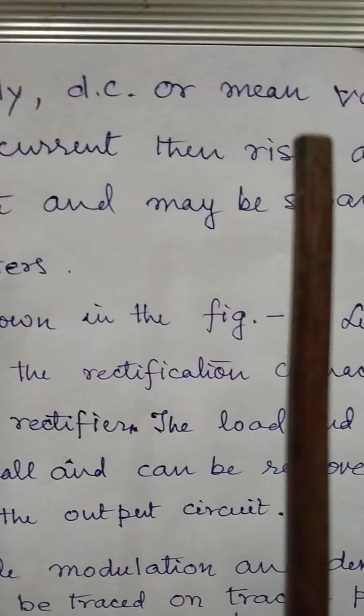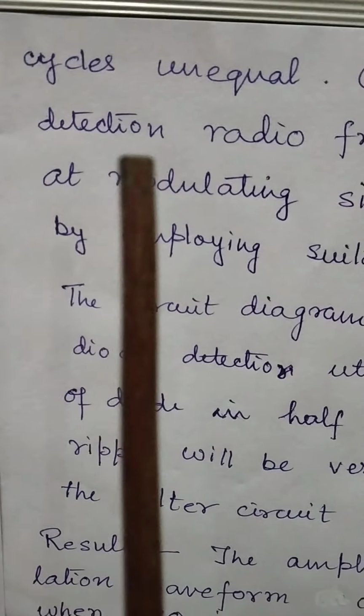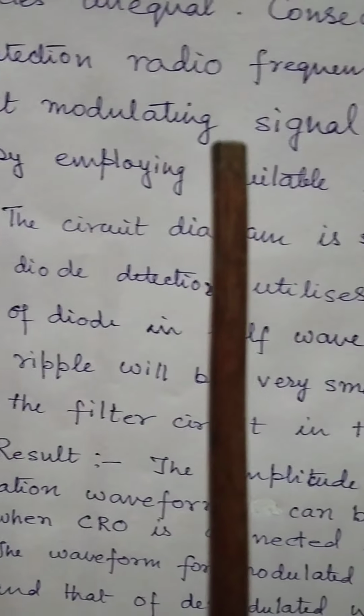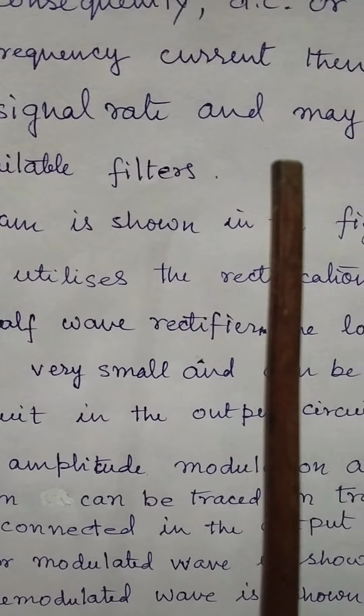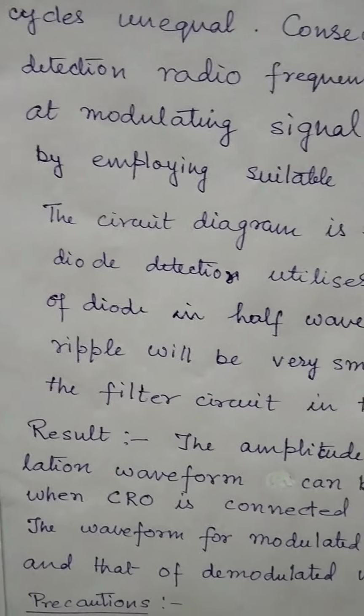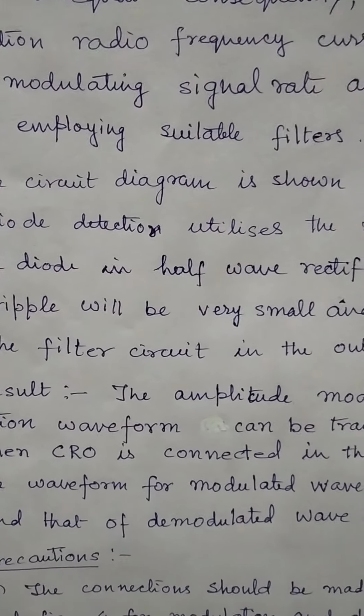Consequently, the DC or mean value of the detected radio frequency current then rises and falls at the modulating signal rate and may be separated by employing suitable filters.